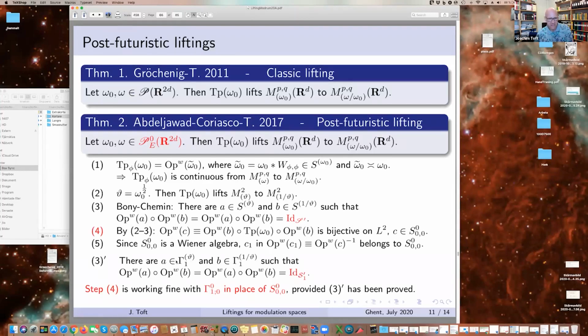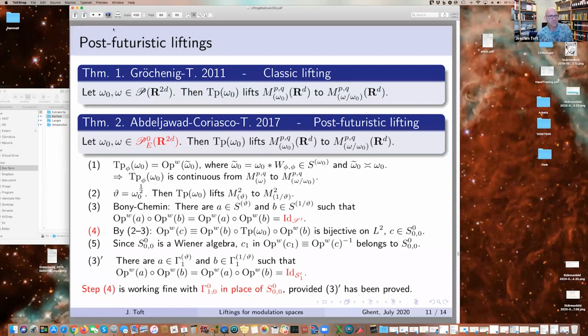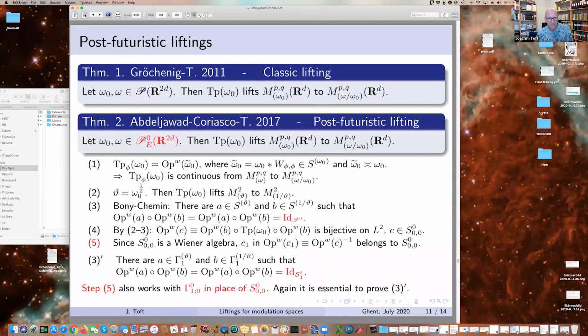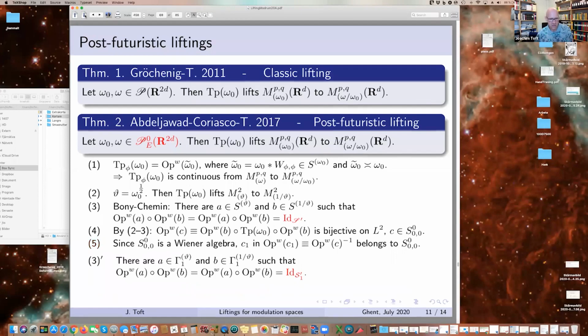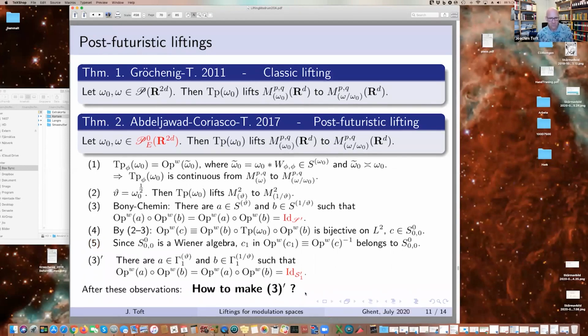But we still need that 3' is proved. 5 also works fine, provided this 3' is proved. So a very big step here, a big issue, and this was a big part of the paper, was actually to prove 3'.